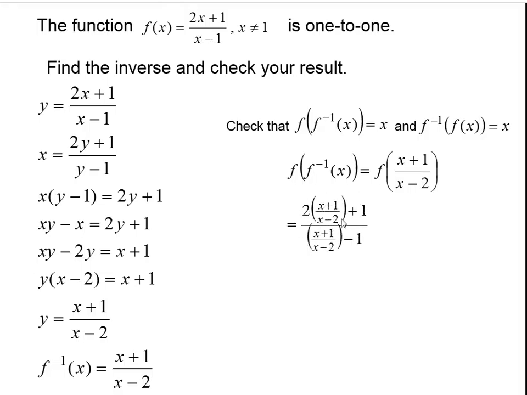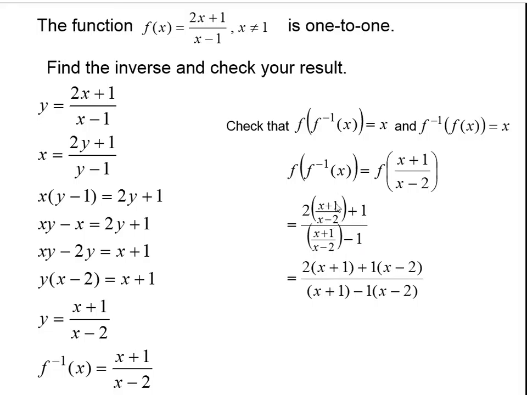And then to clean this up, what I did was I multiplied the numerator by x minus 2. So if I multiply the numerator by x minus 2, it will distribute here and cancel, and then it will distribute here. And then I multiply the denominator by x minus 2 as well, so that it distributes here and cancels, and then distributes here, and I get that result.